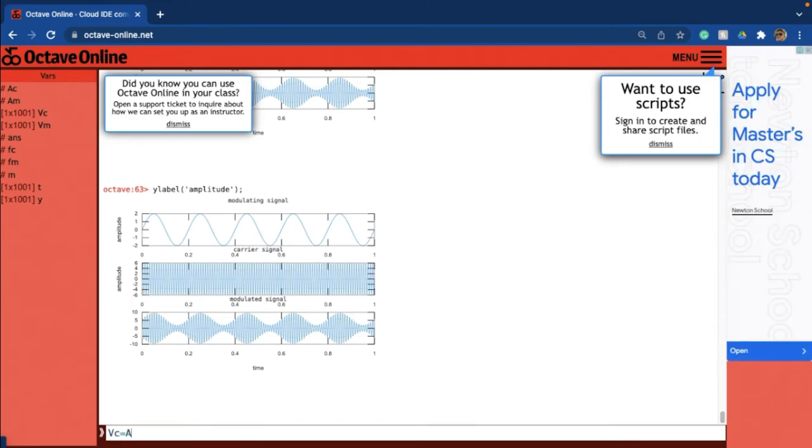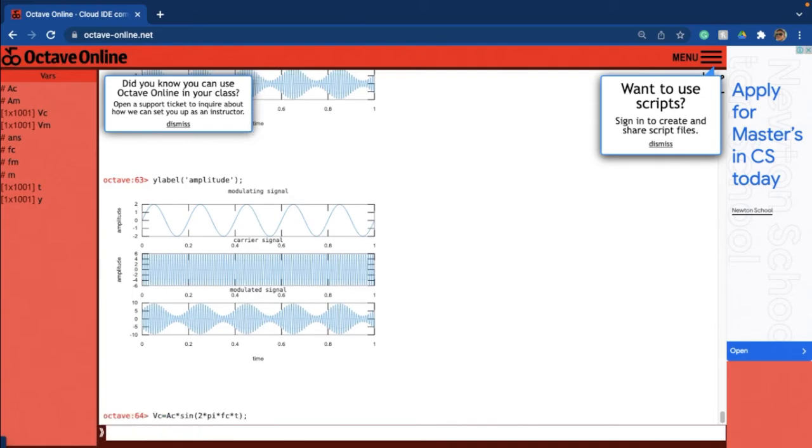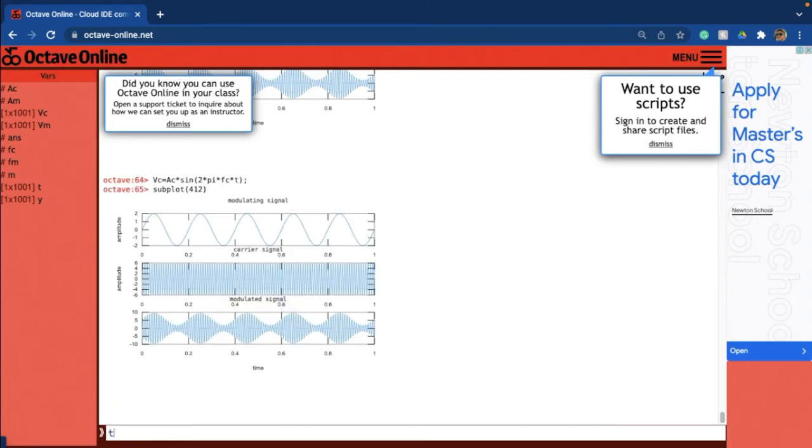It's equal to AC sine 2 pi FC T. Here also the title, but subplot 412, plot T comma VC.